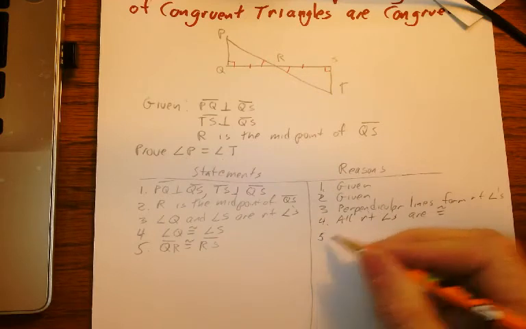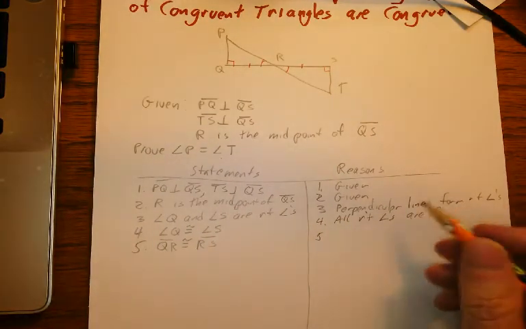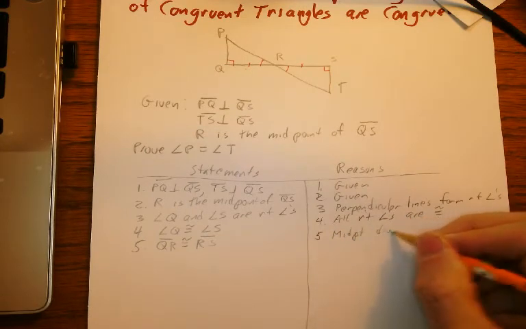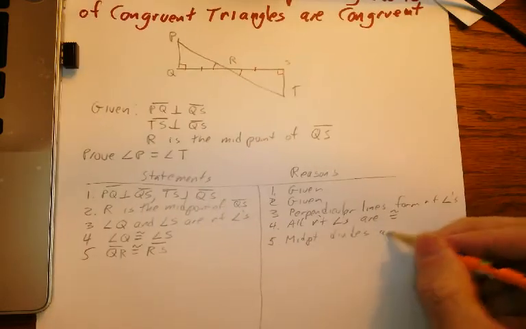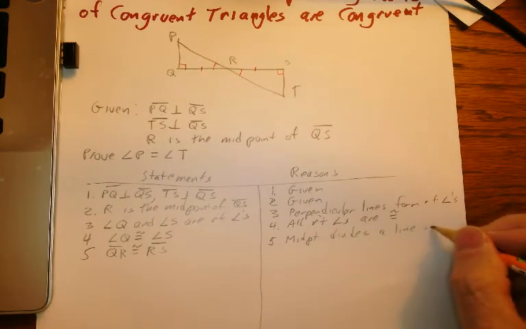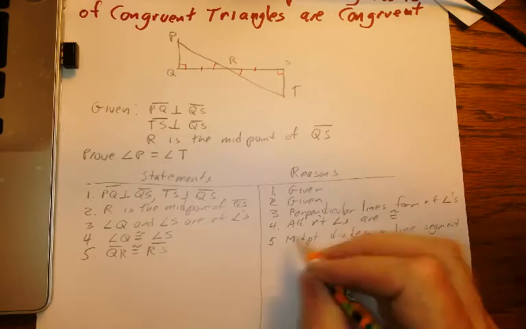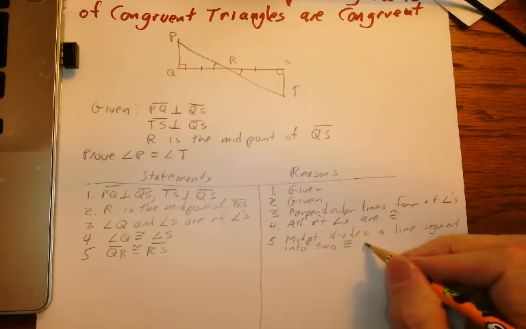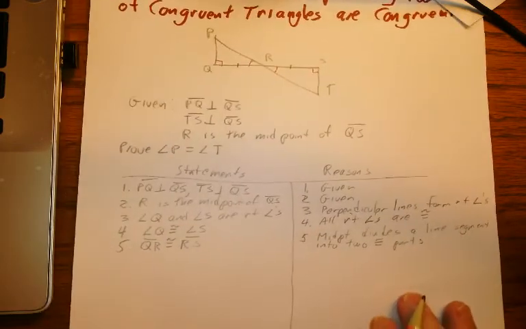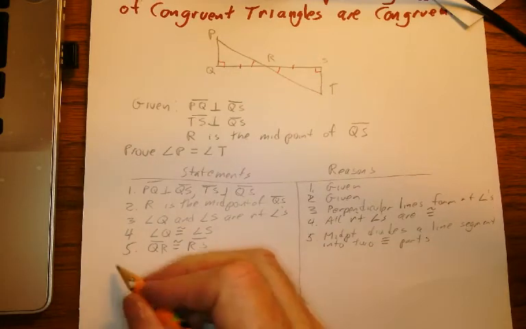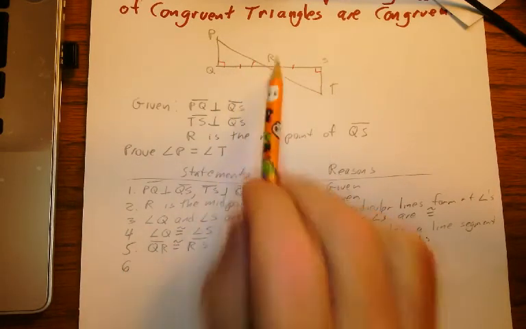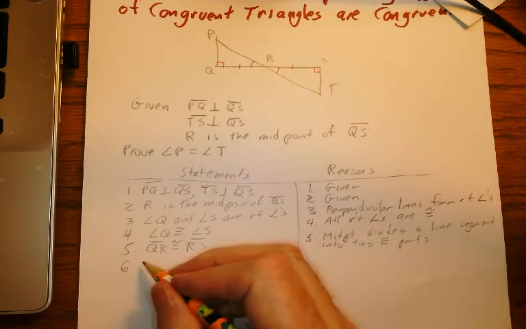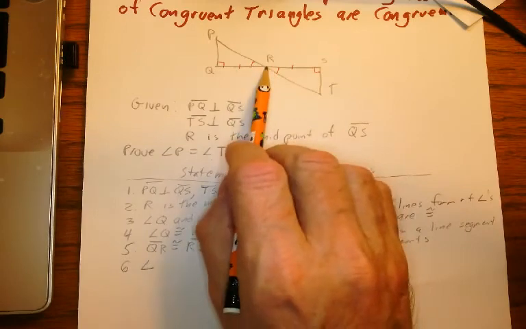Why? I can write definition of midpoint, or I can say a midpoint divides a line segment into two congruent parts. Okay, now, I then marked these two angles congruent, the ones that are kind of in the middle, that have the vertex of R. I'm going to use the three-letter name here.